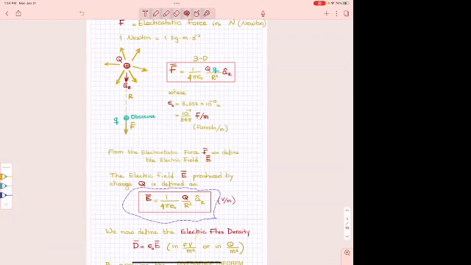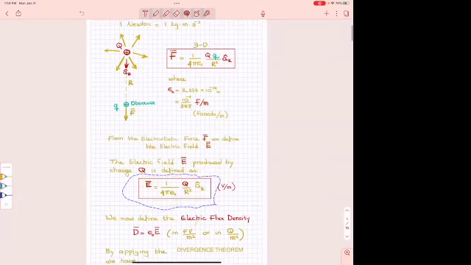Instead of talking about the force F that the little q, the observer, is going to feel because of the capital Q, you're talking about the electric field that is exerted at the point where the observer is because of the charge capital Q, which is now the source, all right? So when we talk about forces, you need two charges. When you talk about fields, you need one charge that produces it, and you call this charge the source. It's the source that produces the electric field.